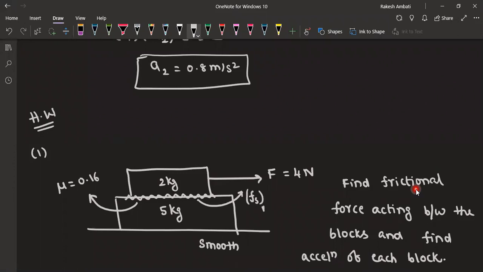How to find Fs maximum here? Mu into normal force, so 0.16 into the normal force. 20 newton or 15 newton? Whose weight do we have to consider? 20 newton. Therefore Fs maximum is 3.2 newtons. Then, assume they are moving together. Now see which condition is satisfied and proceed accordingly.